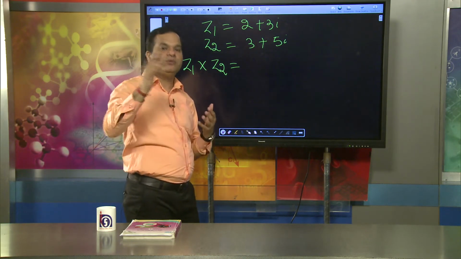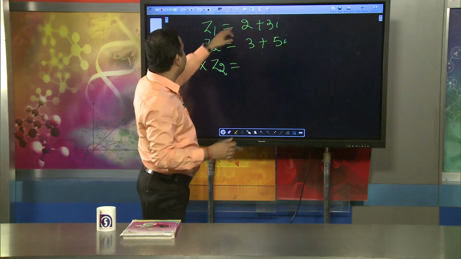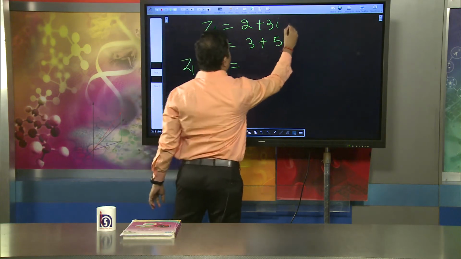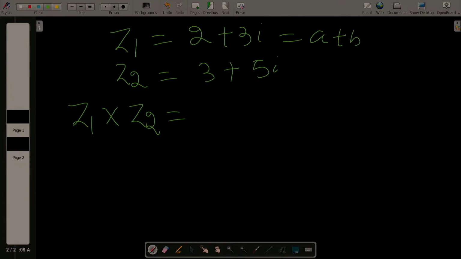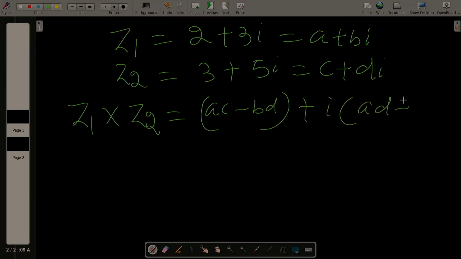Another part is by using the formula. You know that, suppose this is A plus Bi and that is C plus Di, the formula is AC minus BD plus i into AD plus BC.